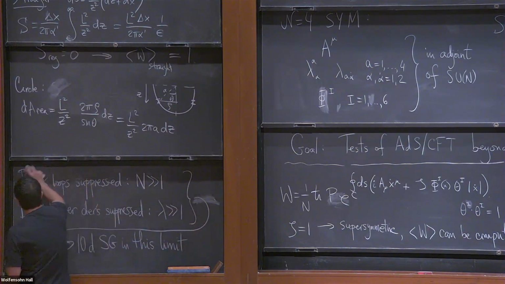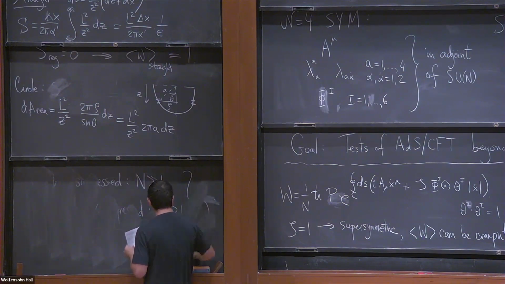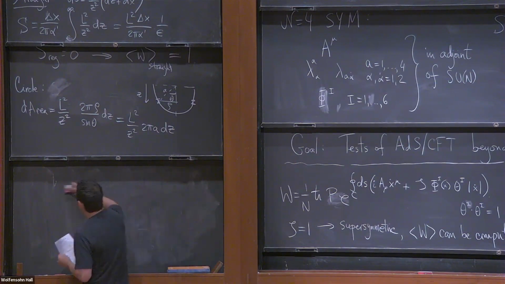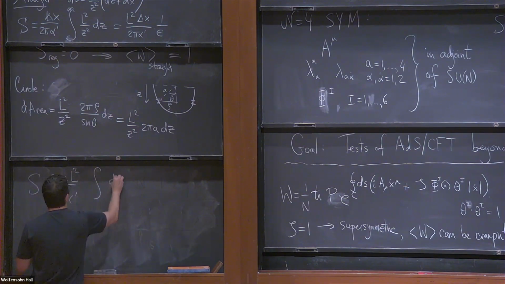To compute the actual area, we have to integrate the area element, and then multiply it by 1 over 2 pi alpha prime to compute the action. So the action would be 1 over 2 pi alpha prime times the area element. 2 pi a L squared are constants, so I can put them up front. And then we have to do the same integral, dz over z squared.